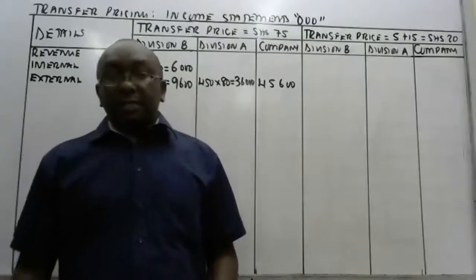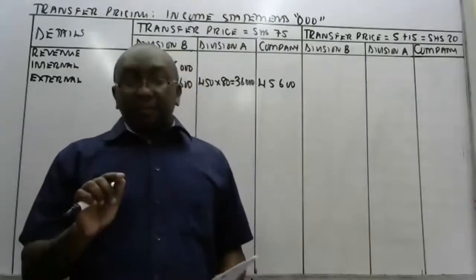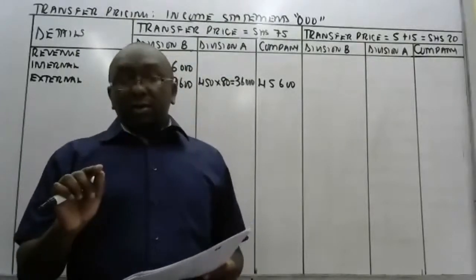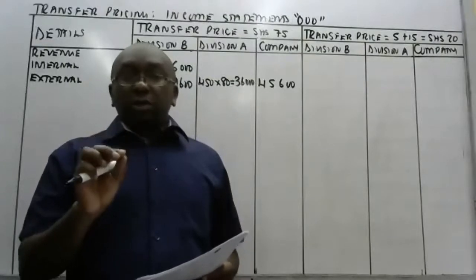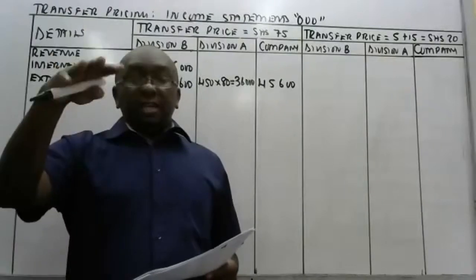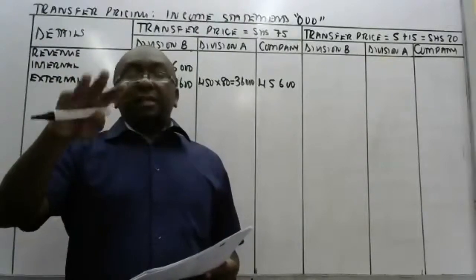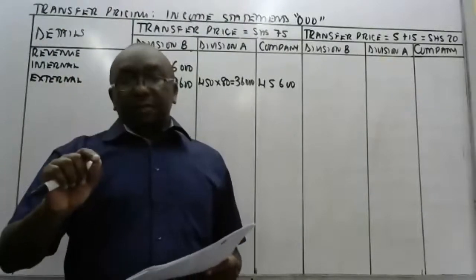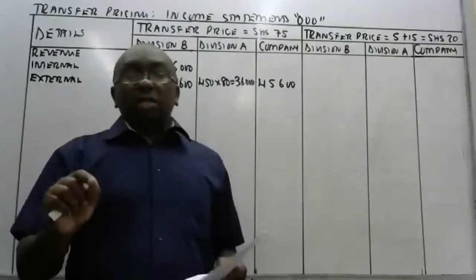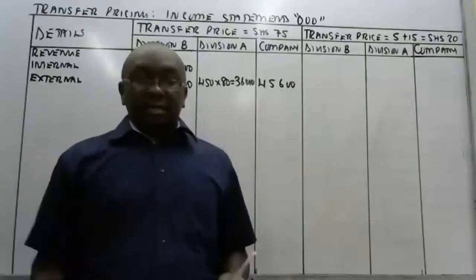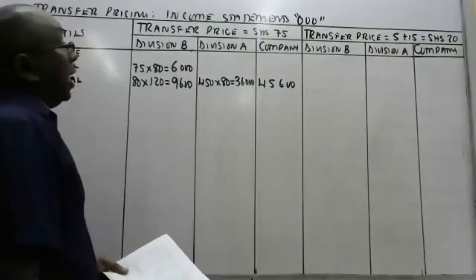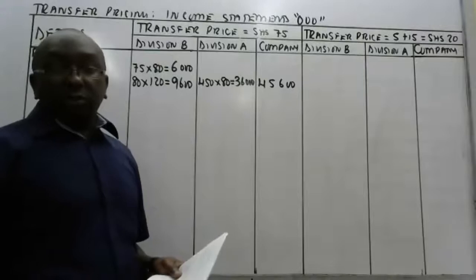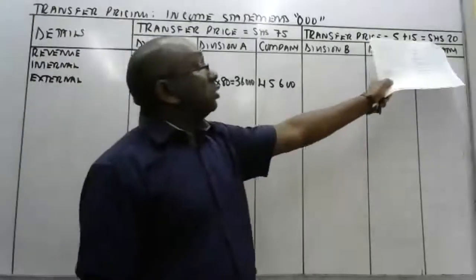Let me repeat. B now is producing 200,000, but they are told, first of all, to give everything the external customers require. What remains is what they will transfer internally. And what they are going to transfer internally, they are selling at 20 bob.